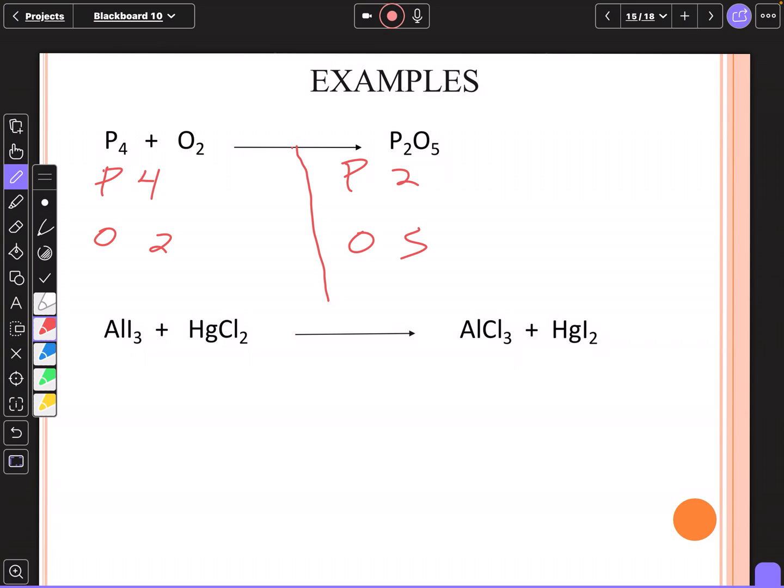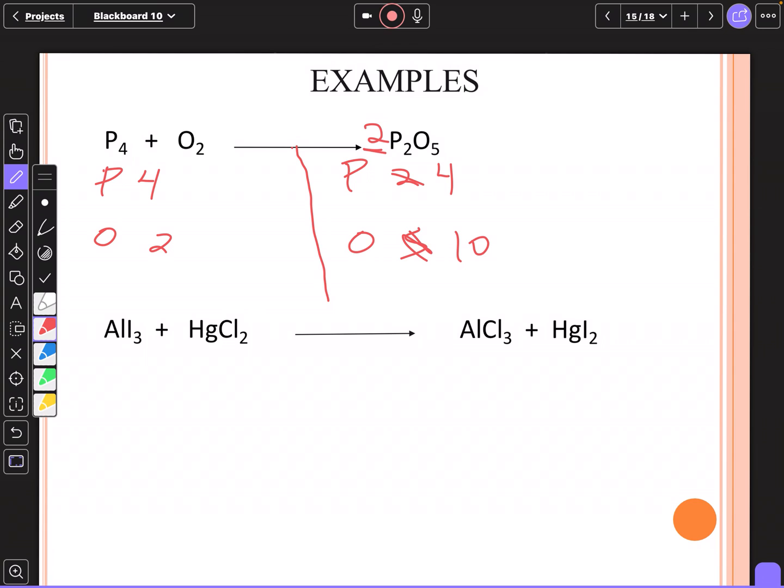So first thing I can look at is just to balance my phosphorus first. I need 4 on the right side, so I need to put a 2 in front of there. That gives me 4 phosphorus, and 2 times 5, that would give me 10 oxygens. And remember, I cannot add a number in between a compound either. I can only add it at the very front. Then I go to the other side.